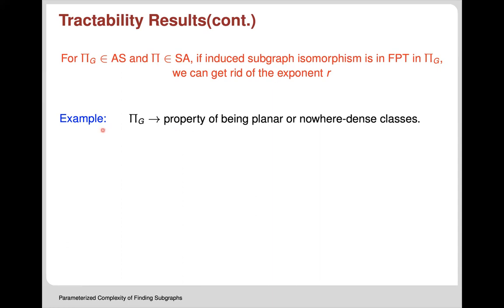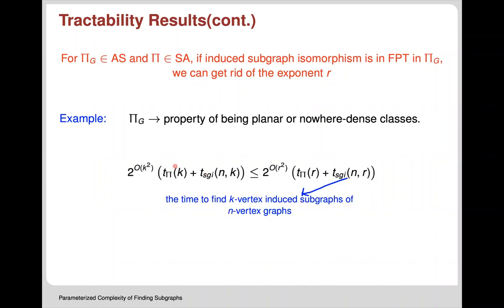An example of such a graph class is planar, or in general nowhere dense graphs, where induced subgraph isomorphism is in FPT. In this case, we first generate all the graphs of size k, and the number of graphs of size k is this many.